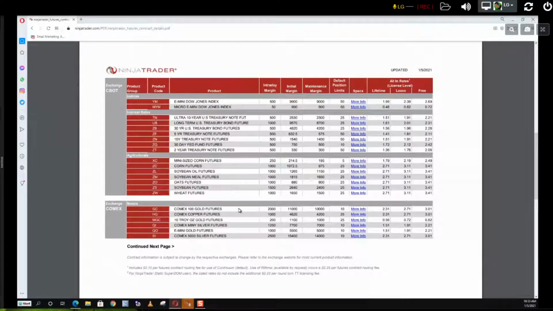You need more than 2,000 per contract. I personally like to double it, but you could trade one gold contract with $3,000 in your account.